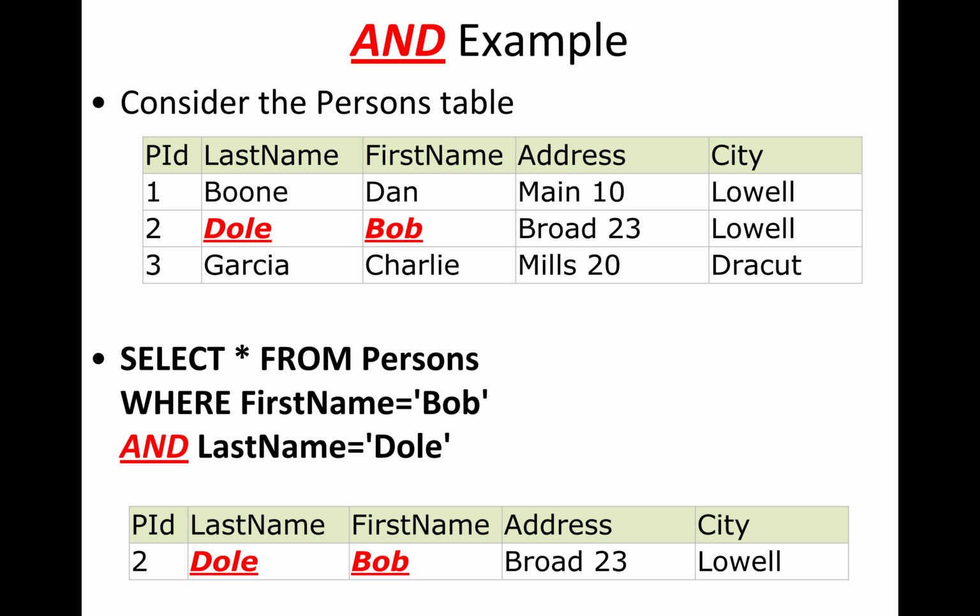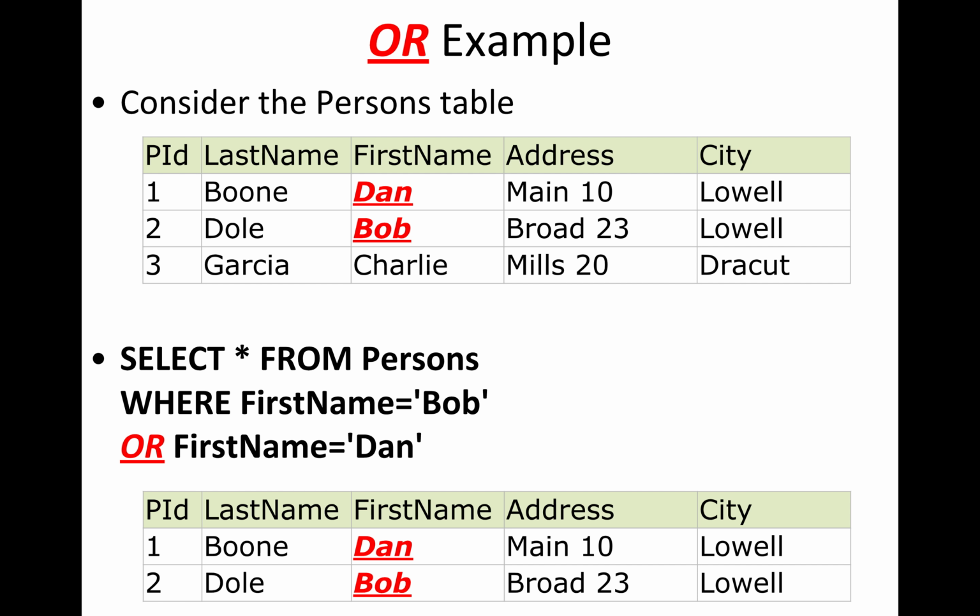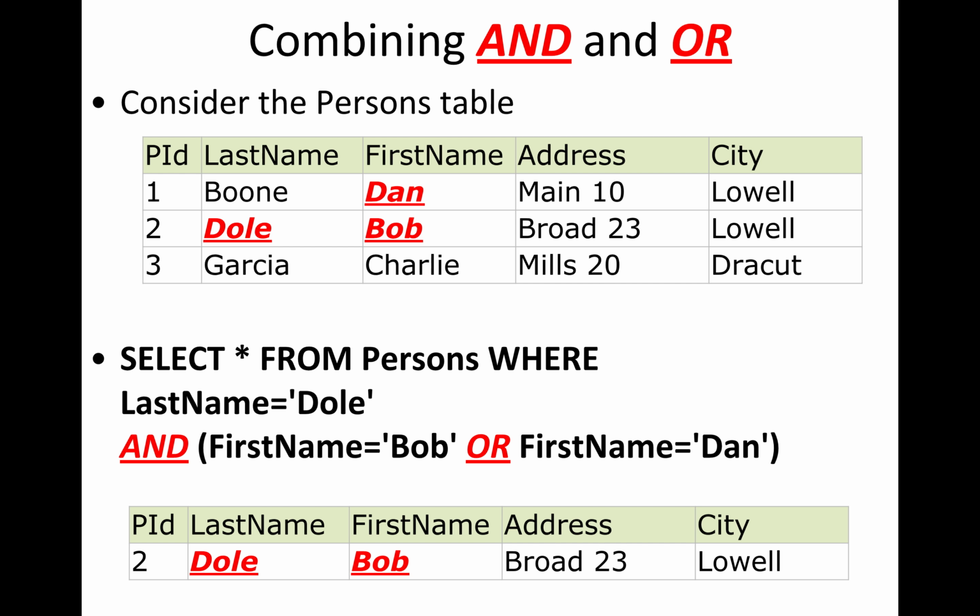We're retrieving only the ones who have a particular first name and a particular last name, and combined with an or that has Bob or Dan, so it retrieves two records, with either Dan or Bob. And you can make these fairly complex using parentheses to establish sophisticated Boolean expressions of the predicate that you're looking for, a particular record that meets that criteria.